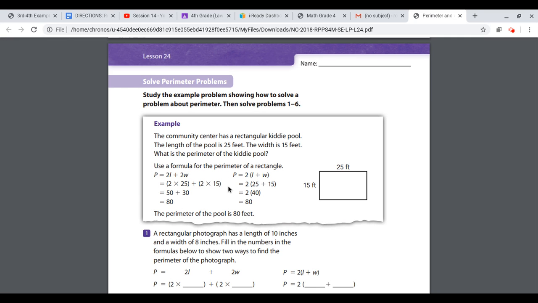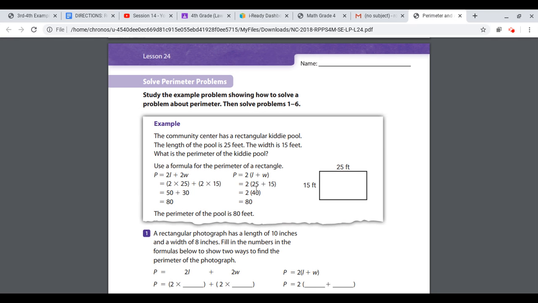Now this is the same problem, they just use a slightly different equation. What they did, they put the 2 on the outside of the parentheses. If you ever see parentheses, you do what is inside the parentheses first. So you're going to add the length and the width first. Length is 25, width is 15. 25 plus 15 is 40.